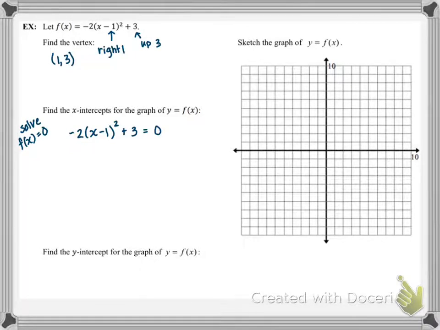Yeah, to use the square root property, right? We have something squared right here. So if we get that alone, we can take the square root of both sides. So we have negative 2 times x minus 1 squared equals negative 3. Divide both sides by negative 2.